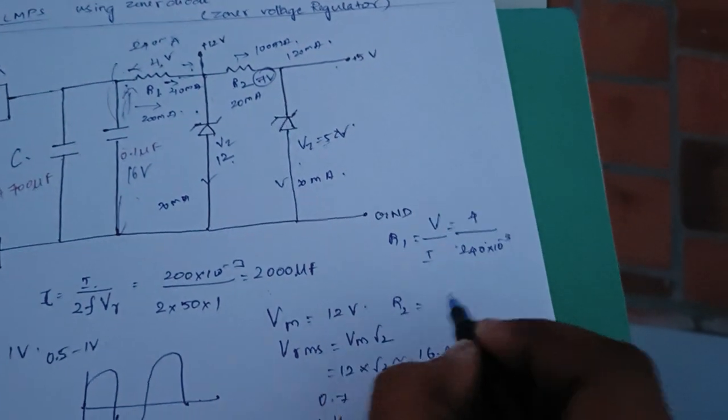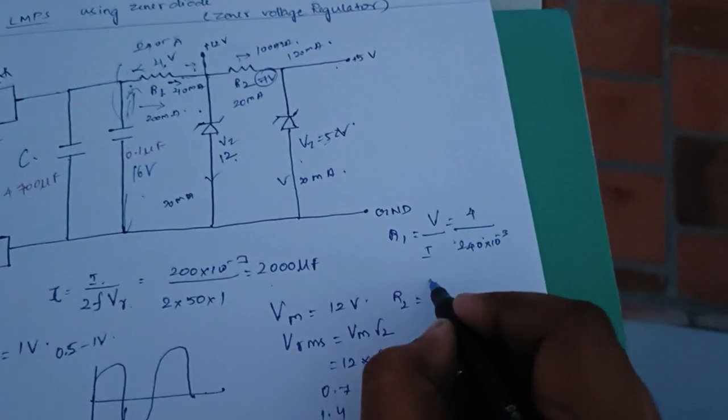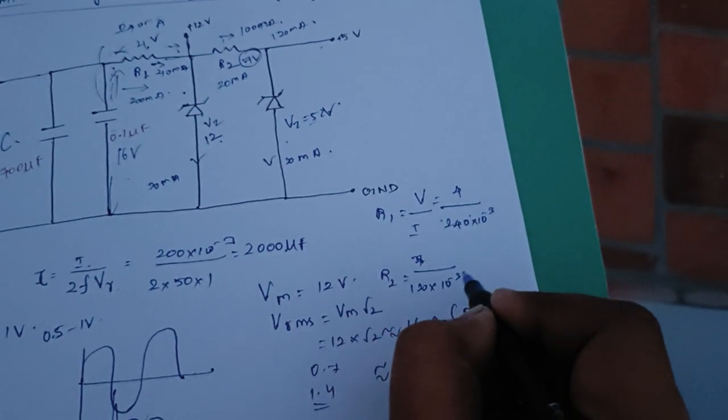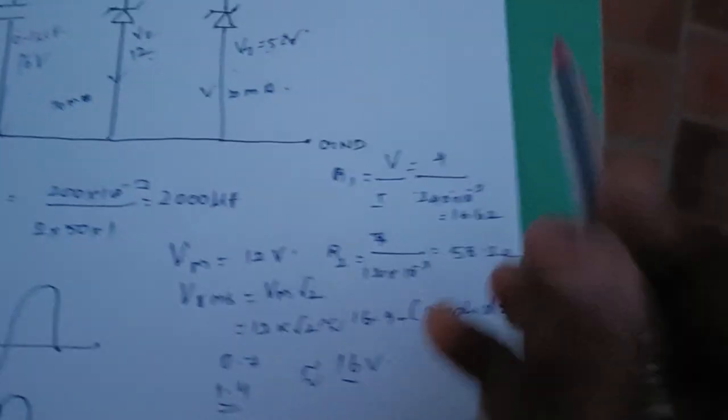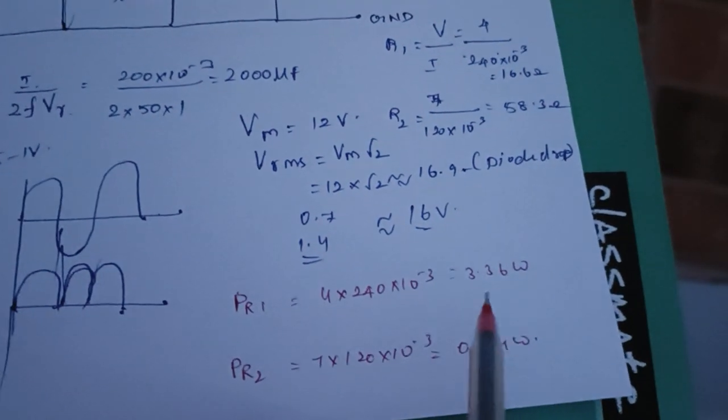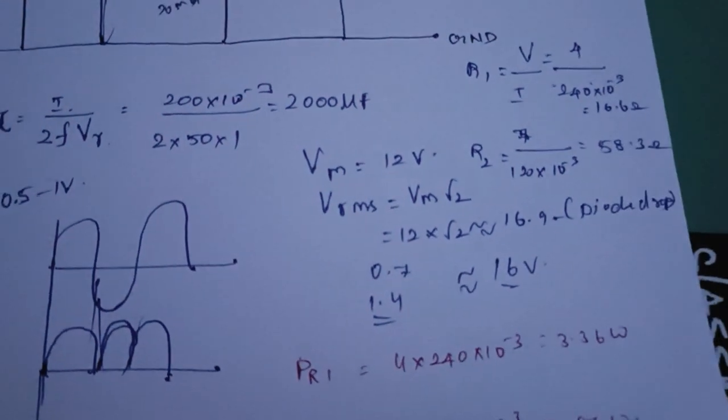Similarly R2 is equal to V, which is 7, by the current, 120 milliamps. So we'll get the values 16.6 and 58.3 ohms, and if you calculate the power rating, voltage into current, it will be 3.36 watts for R1 and 0.84 watts for R2.